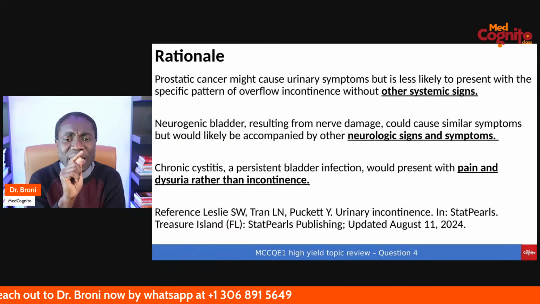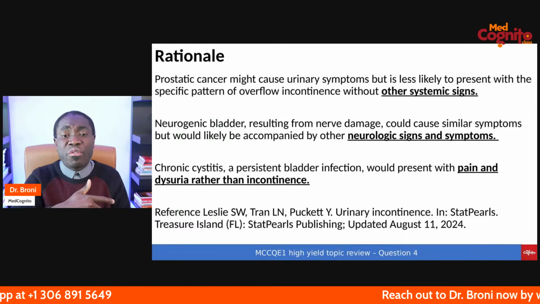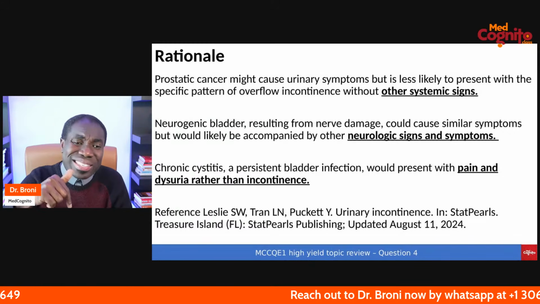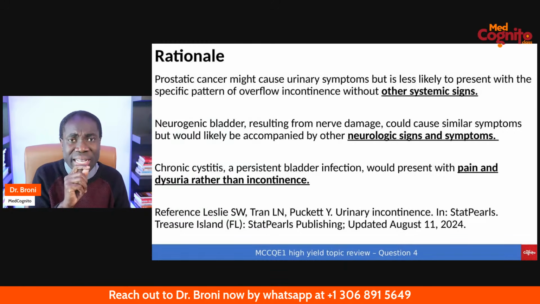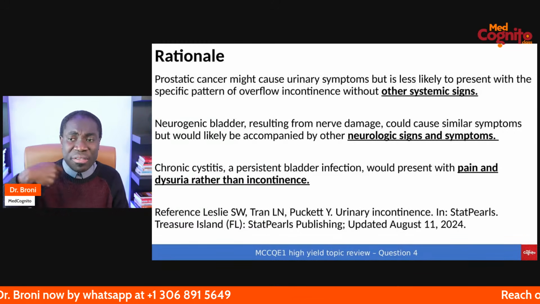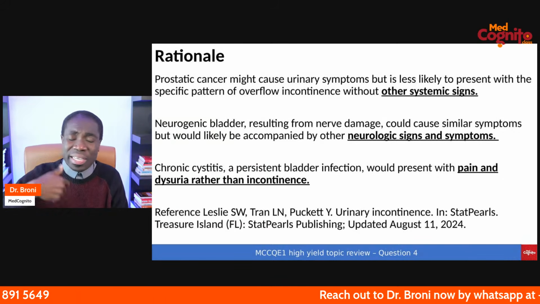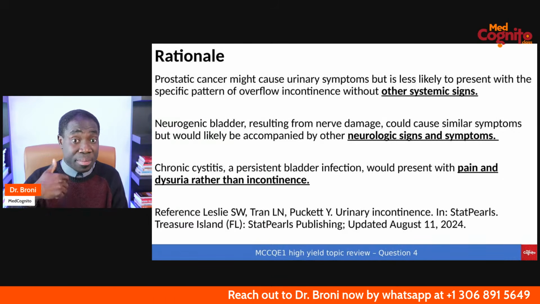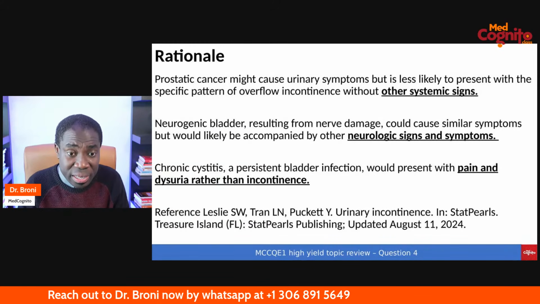Usually you realize that if there's chronic cystitis, the patient will say that this has been going on for a long time, and the question stem will also give you some clues. One of those clues is that maybe the patient has pyuria all the time. Whenever they do the urinalysis, there's elevated white cell count, there's nitrite, there may be blood. That should point you to chronic cystitis.